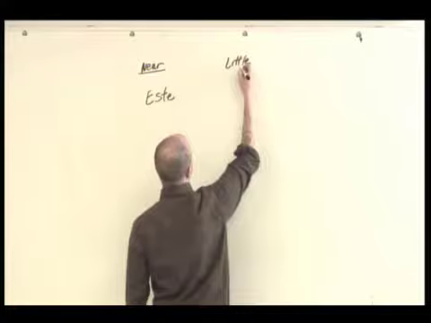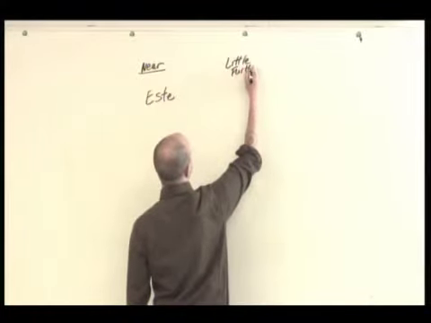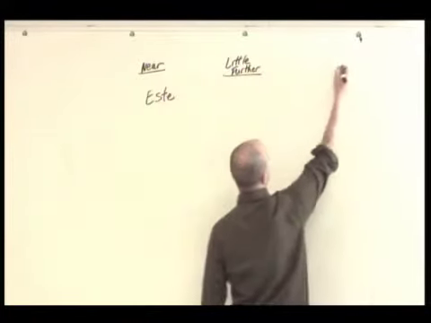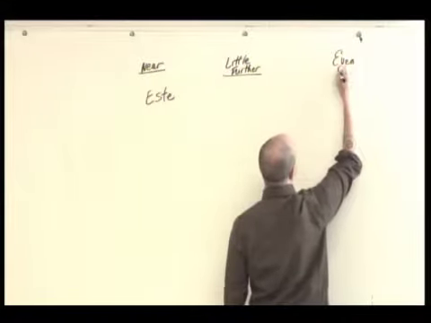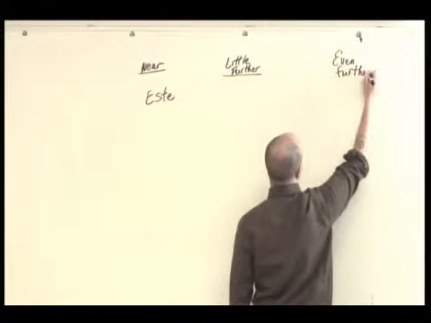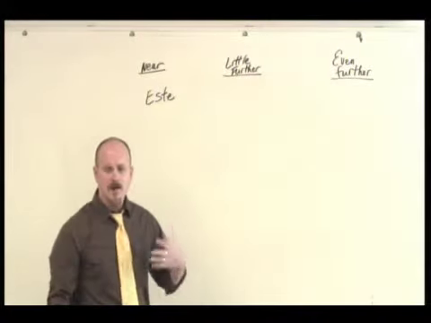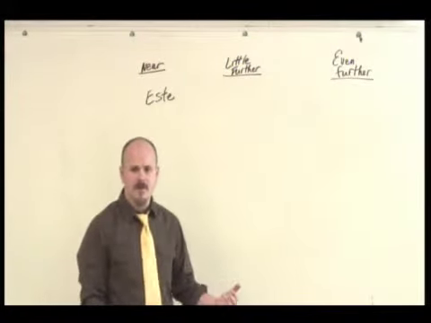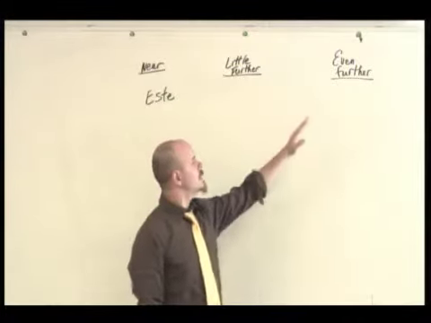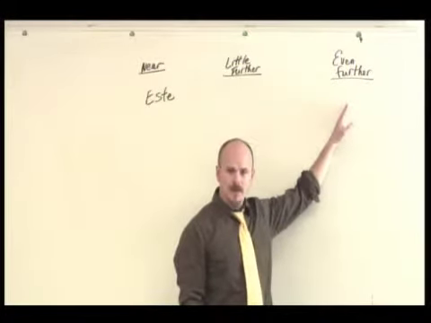This is for things that are a little further. And these will be for even further. Okay, so as I mentioned a few minutes ago, we have this and these, we have that and those, and we have that and those over there.